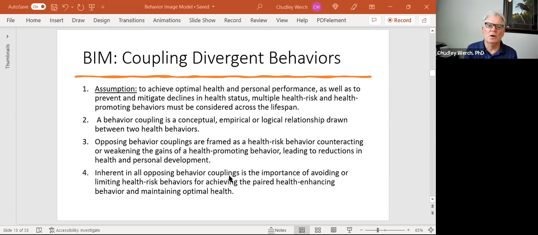It's where you couple a health risk behavior like e-cigarettes as being weakening or counteracting the gains of a health promoting behavior like sleep, which leads to reductions in health and personal development. And then secondly, avoiding those substances, those risk behaviors, is really important to maintaining performance and health over time. Okay, that's what coupling is about.